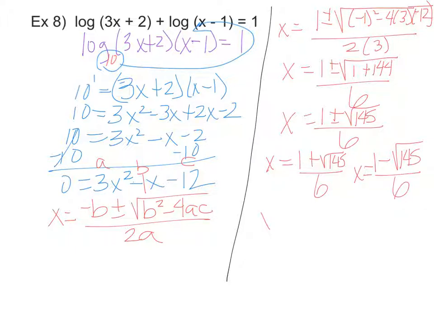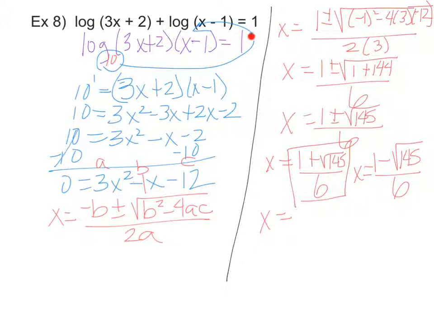So notice this first number is positive, because the square root of 145 is way bigger than 1. So it's over 12, right? So this square root of 145 is a positive solution. But look at what happens here. If you were to plug in 1 minus the square root of 145, that's a super negative number.